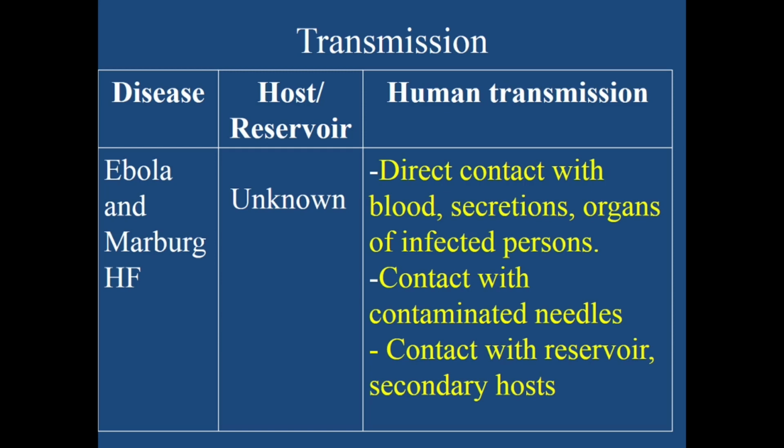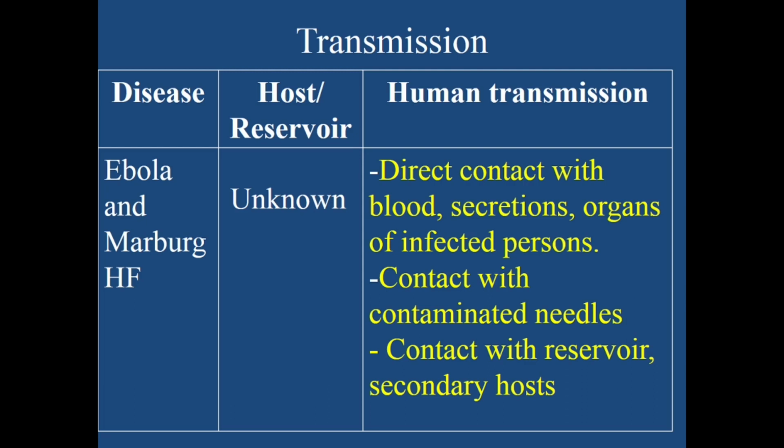Okay, so for Ebola and Marburg, the host or reservoir is unknown, but human transmission can occur through direct contact with the blood, secretions or organs of infected persons, contact with contaminated needles, or contact with the reservoir or the secondary host. Even though the host or reservoir is unknown, there may be a reservoir which they don't know.